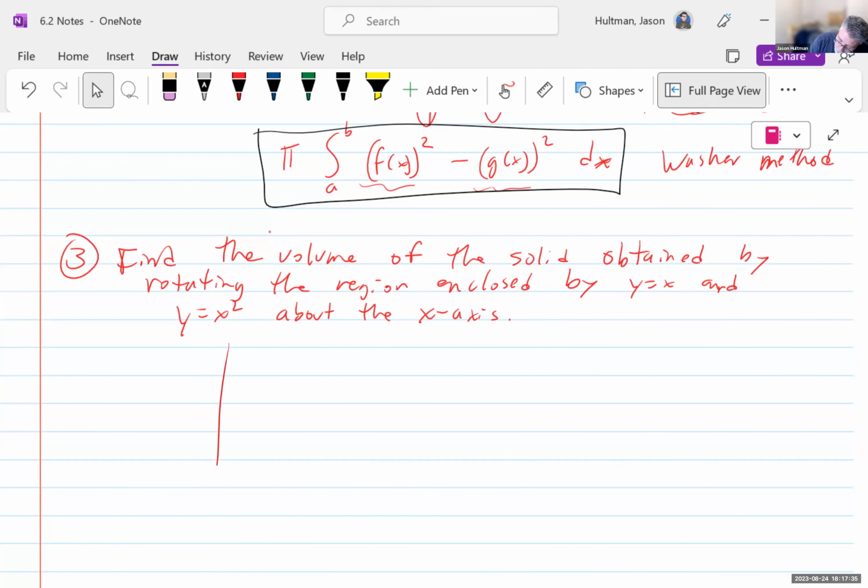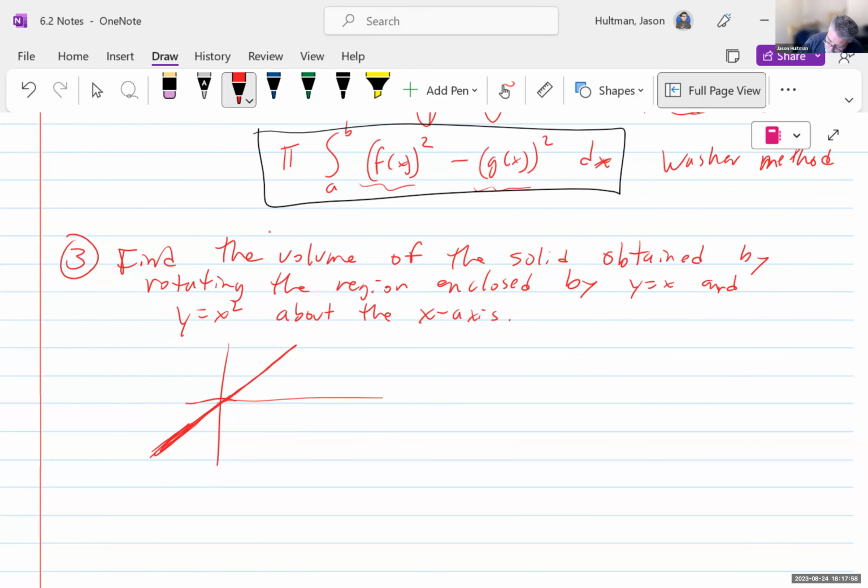So what is this going to look like? Draw a picture. We have y equals x, which is just my 45-degree angle, that line there. And then I have y equals x squared. What's that?